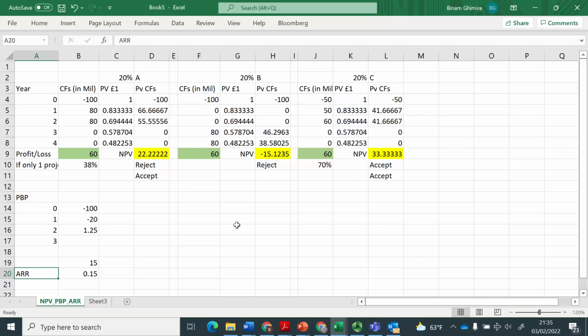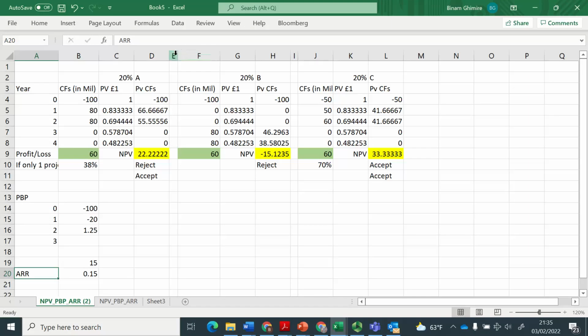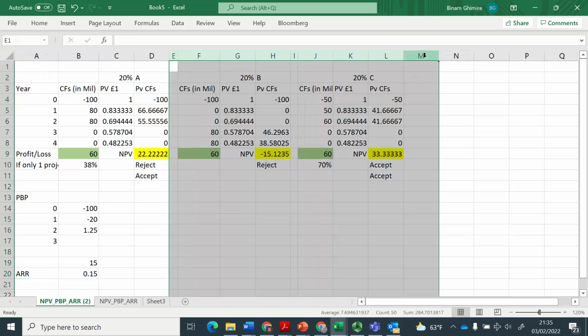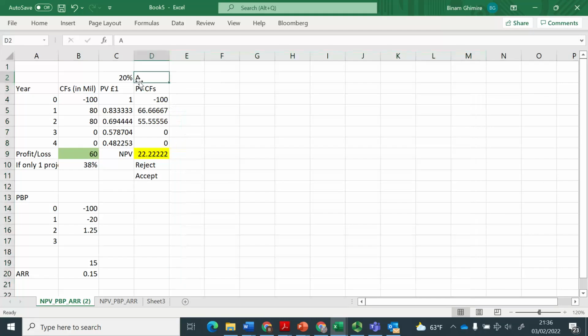Now, to help you understand what I will do, I will copy some data from this worksheet. In fact, I will copy the whole worksheet and we will just focus on one project here, which is project A. As of now, this is giving us 22.22 as the project NPV at 20%.